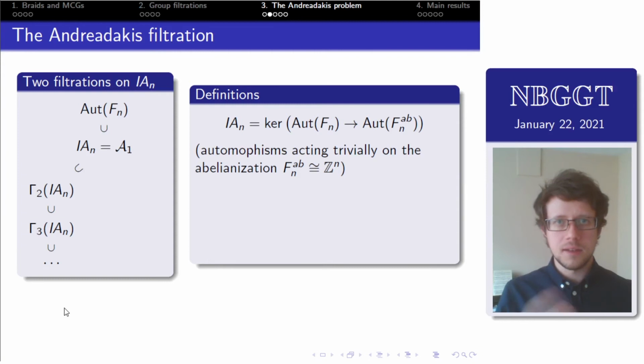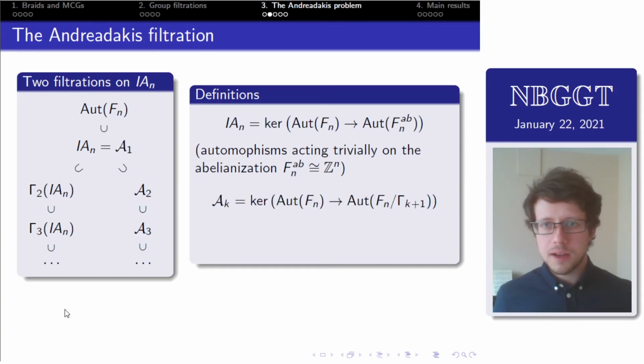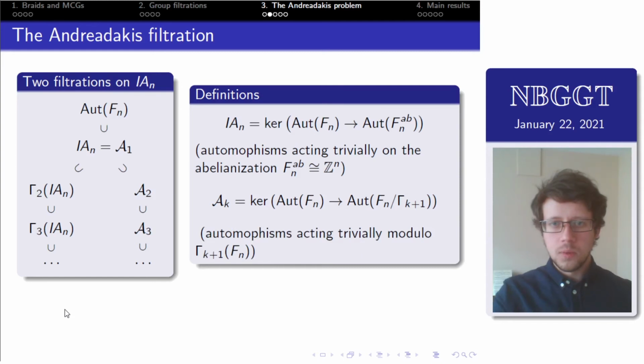So IA_n is the first one, and then we have A_2, A_3, etc. And these are defined by the following formula, which means that A_k is the subgroup of automorphisms acting trivially modulo the (k+1)th term of the lower central series of the free group.